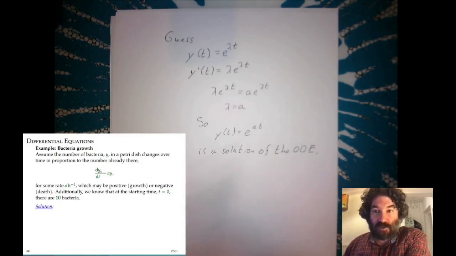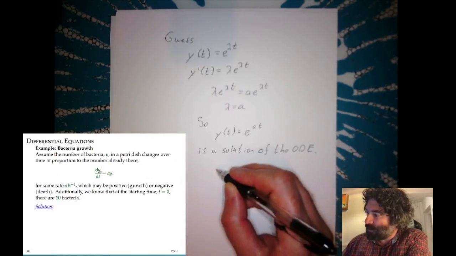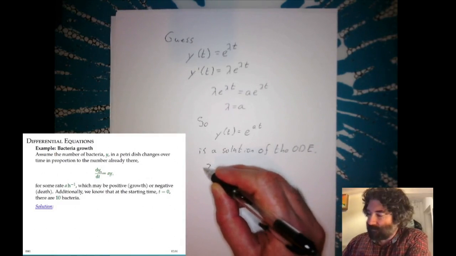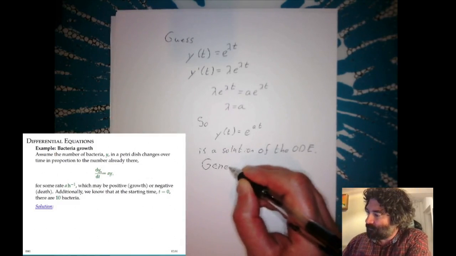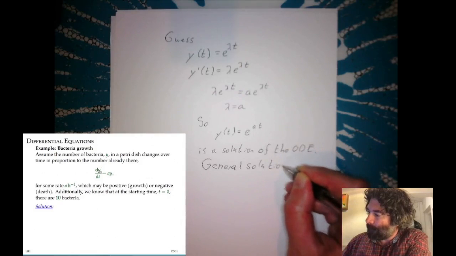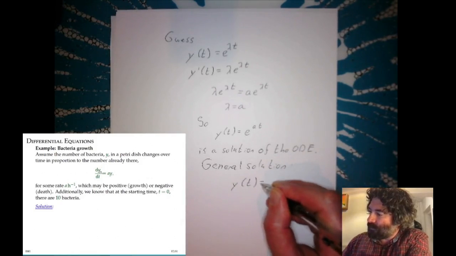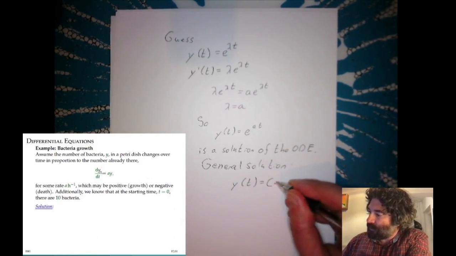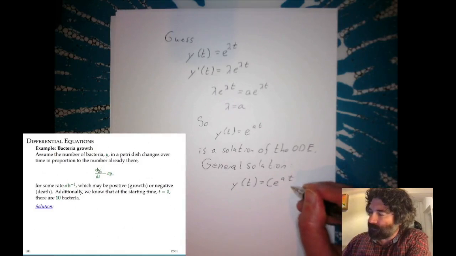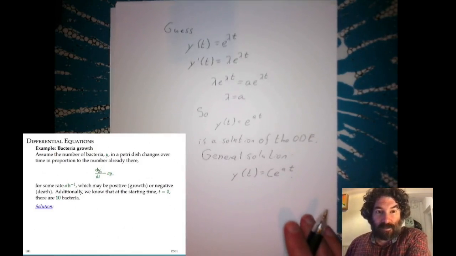So if we have one solution, any constant times that solution still satisfies the equation. So in fact, the general solution in this case is y of t equals c times e^(at). All right, this is the general solution.